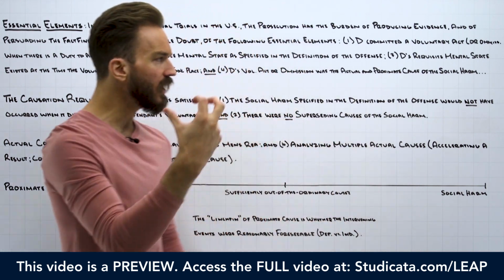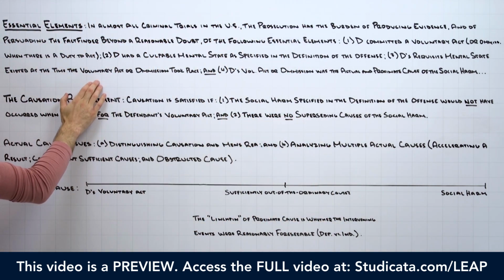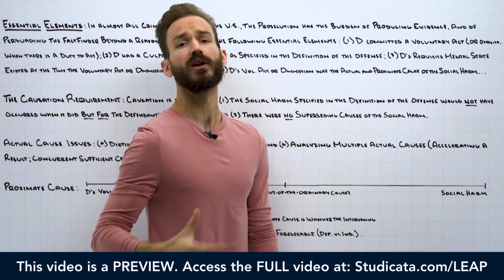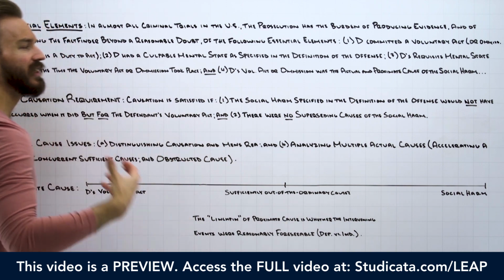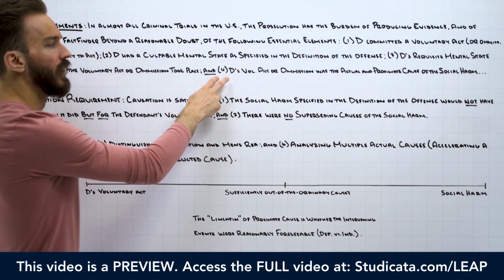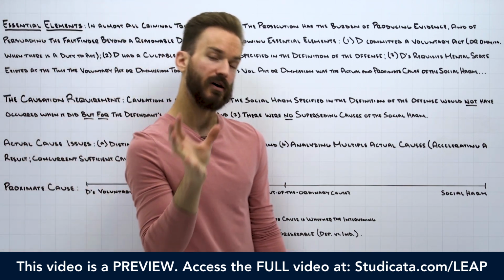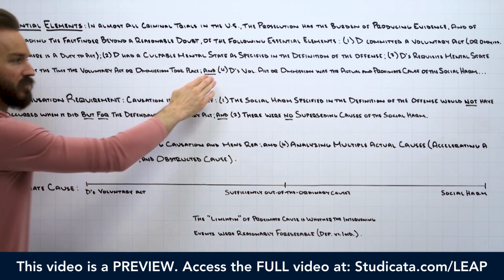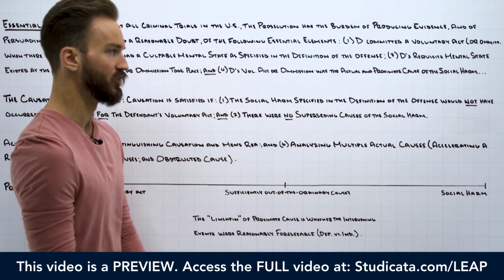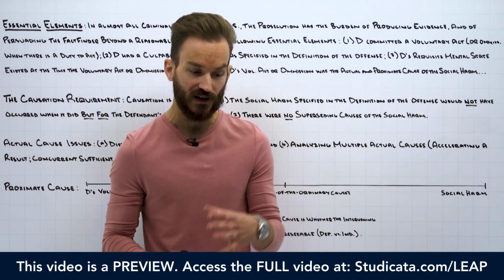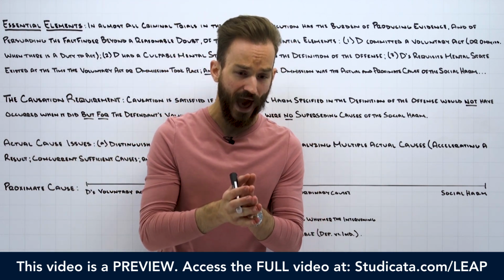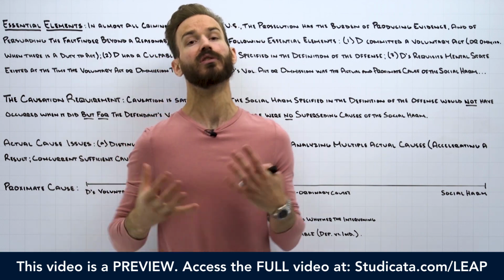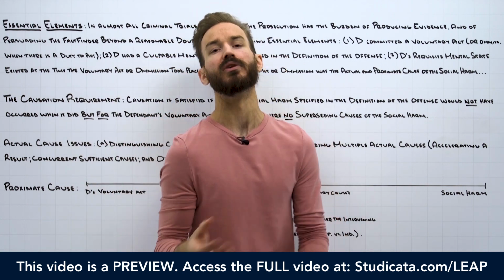It's important to recognize that this is an essential element, and it has to be proven in all crimes. It's just usually less of an issue in crimes outside of criminal homicide. And even within criminal homicide, a lot of times causation is not an issue. Tracing the defendant's voluntary act to the death of the victim is often really easy.